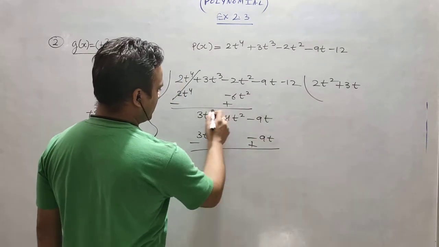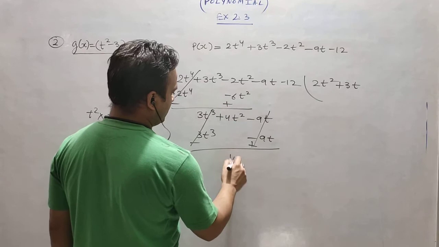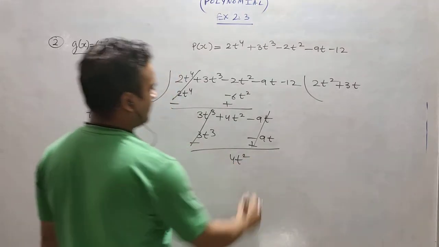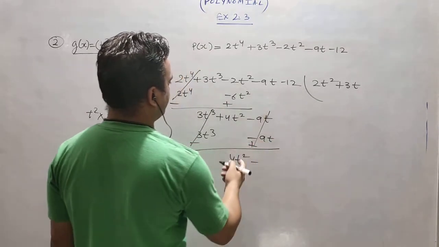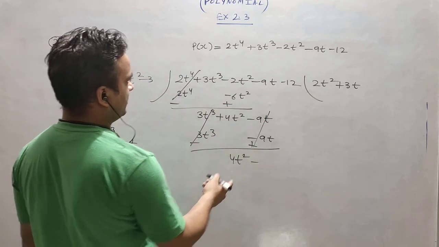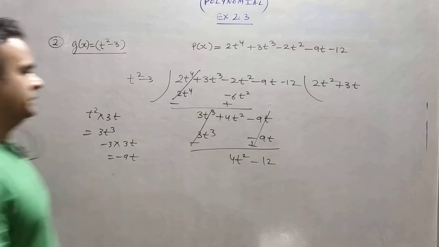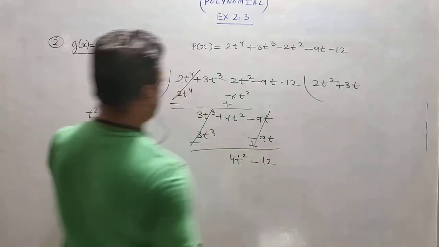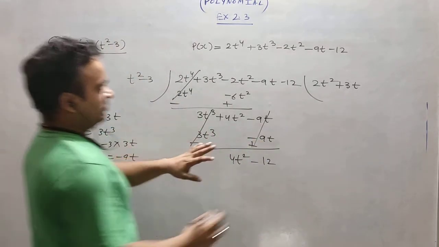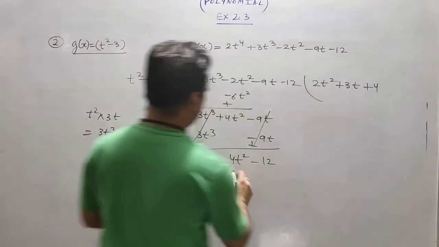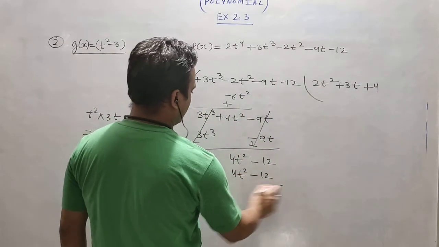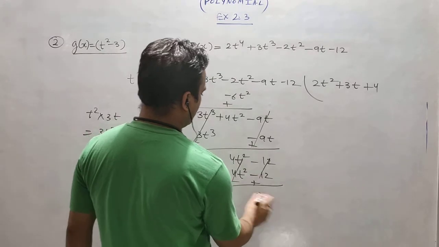Minus, it is plus, sign change, right, cancel. So it is 4t square. Now what is left here which we have not taken, only 12, right? Other numbers we have already taken. Now only 4 we have to multiply. So it is 4t square and minus 12, minus plus, oh we are getting 0.